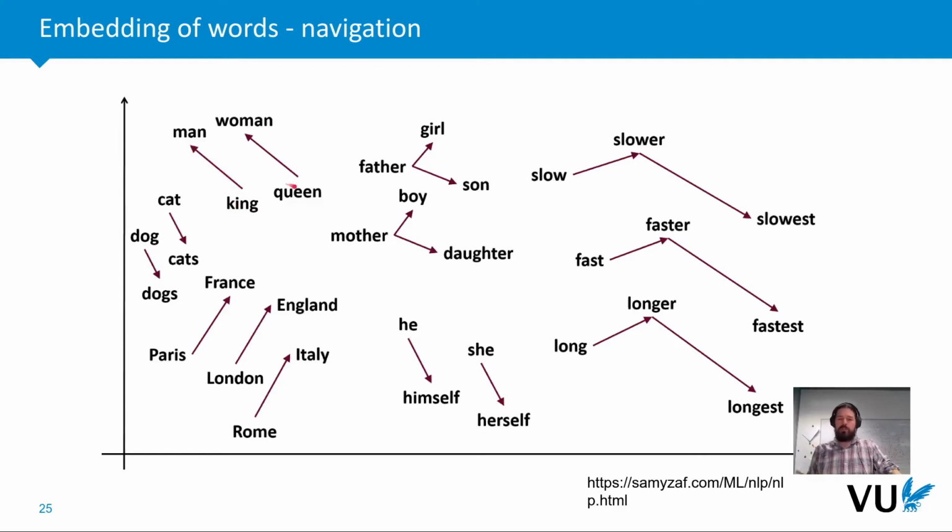And very similarly, if you follow a similar direction from queen, you would end up with the embedding of the word woman. This way you could also go, let's say, from capitals to countries, or for example change certain grammatical forms of words and so on.